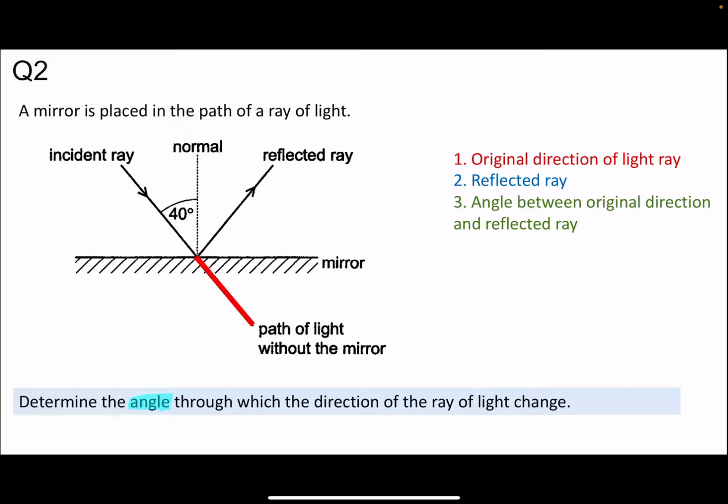So this is the original direction of the light ray. This is the reflected ray, and we're going to look at this angle. Right, so this refers to the angle through which the direction of light has changed.